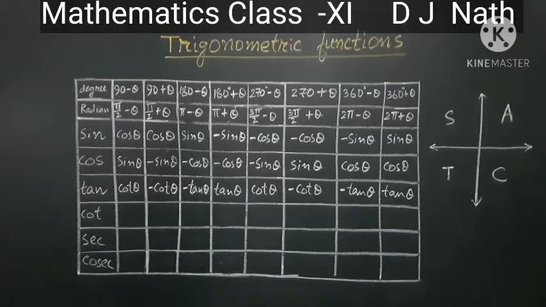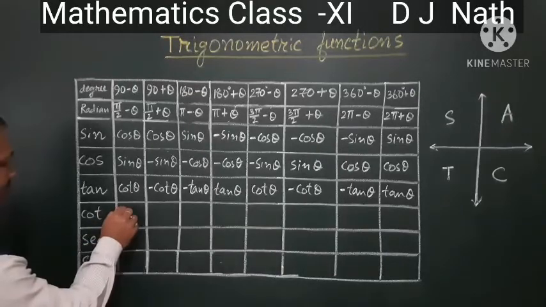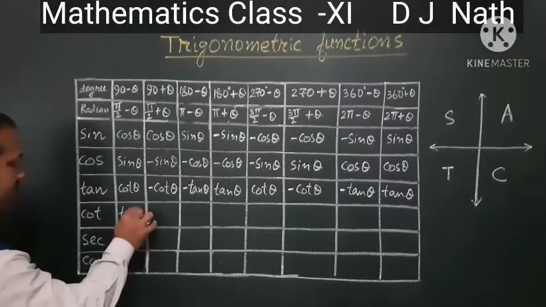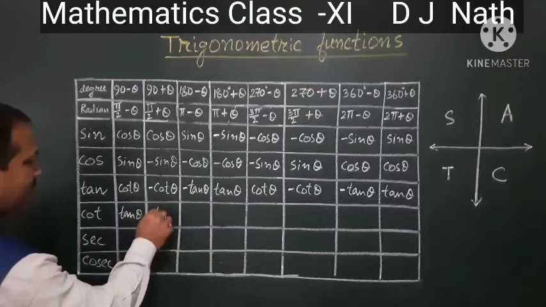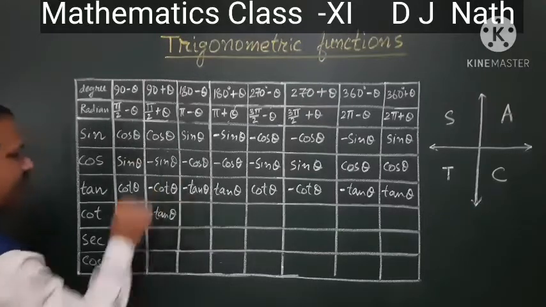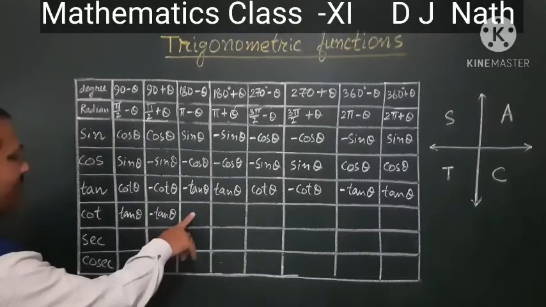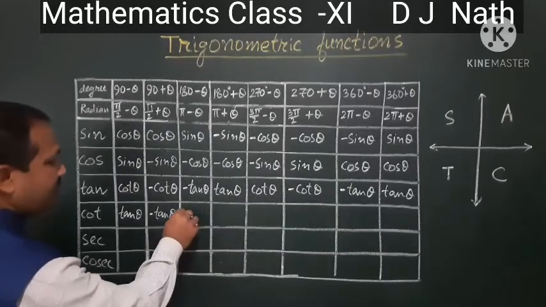Okay? So cot of 90 minus theta will become tan theta. This is 90 plus theta, it will become minus tan theta. 180 minus theta is minus cot theta.